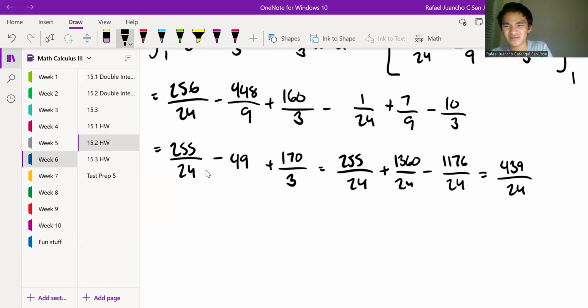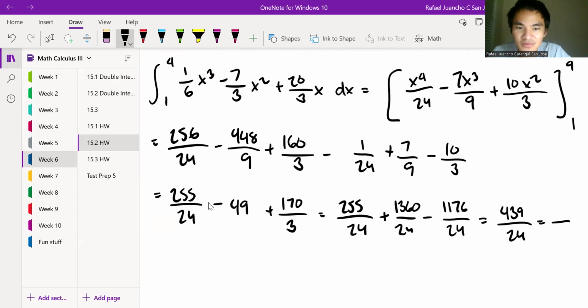Okay. Apparently I divide it again. I'm dizzy. Okay. For some reason, I don't know why I can't get it. Like, it should be simple. 255. What?